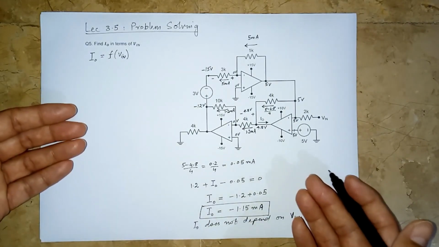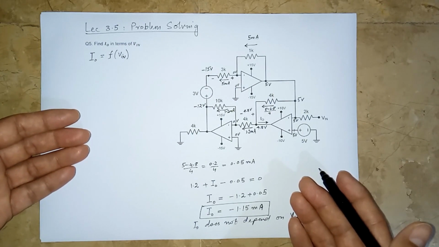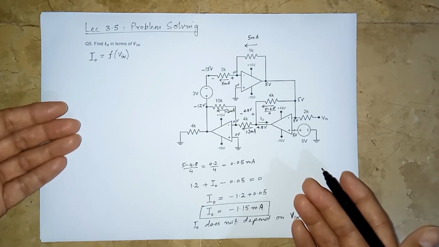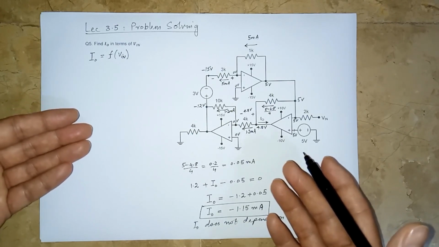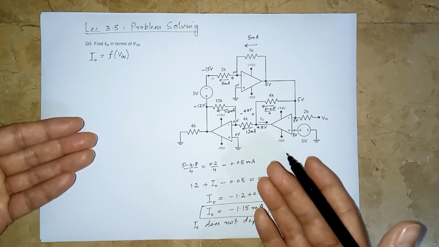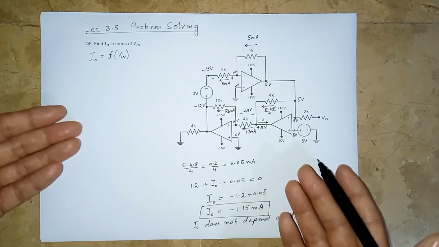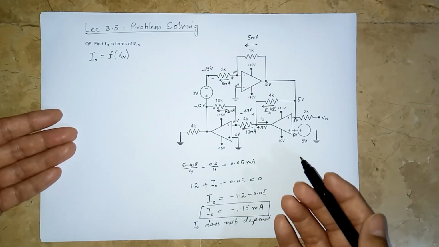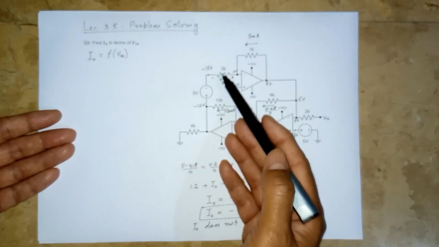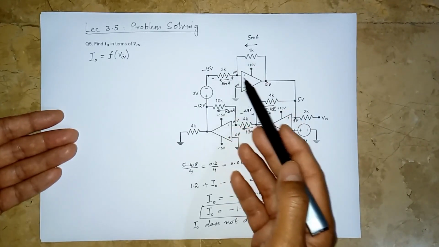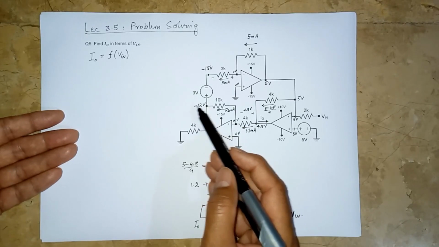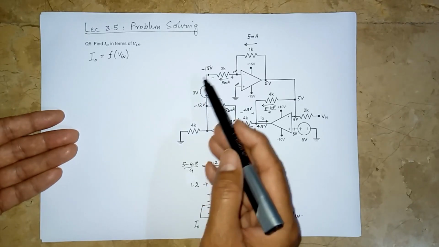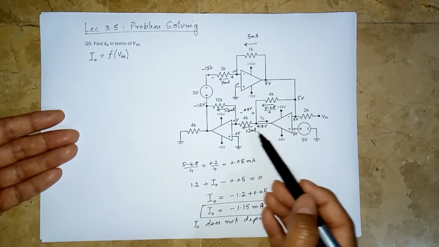Although the circuit looks like a scary one, you see, very easily you can apply basic circuit analysis rules, and you can solve any circuit. So this circuit, for example, is an inverting amplifier, but this is not at ground, so we cannot truly apply all the concepts we have learned so far.